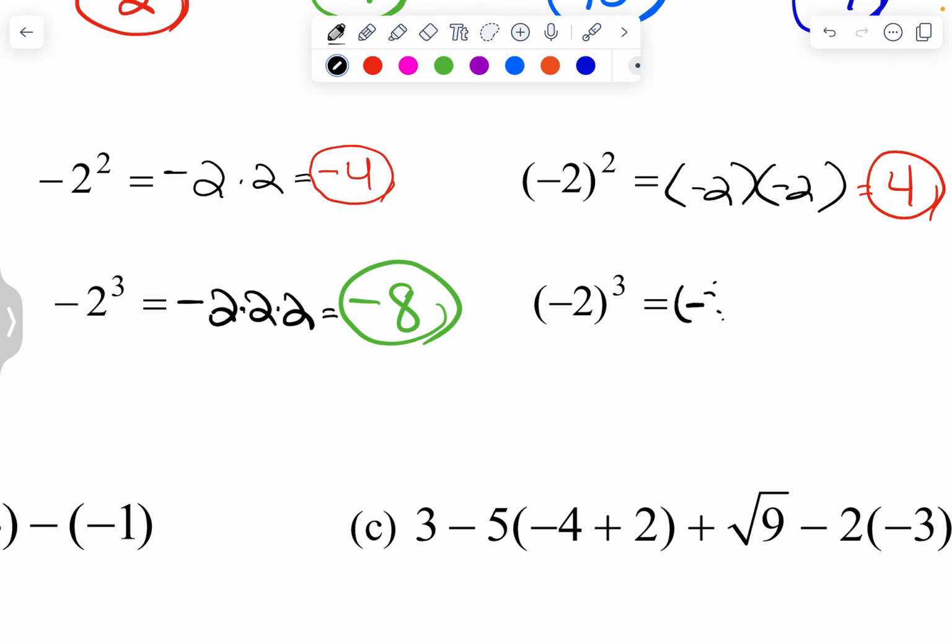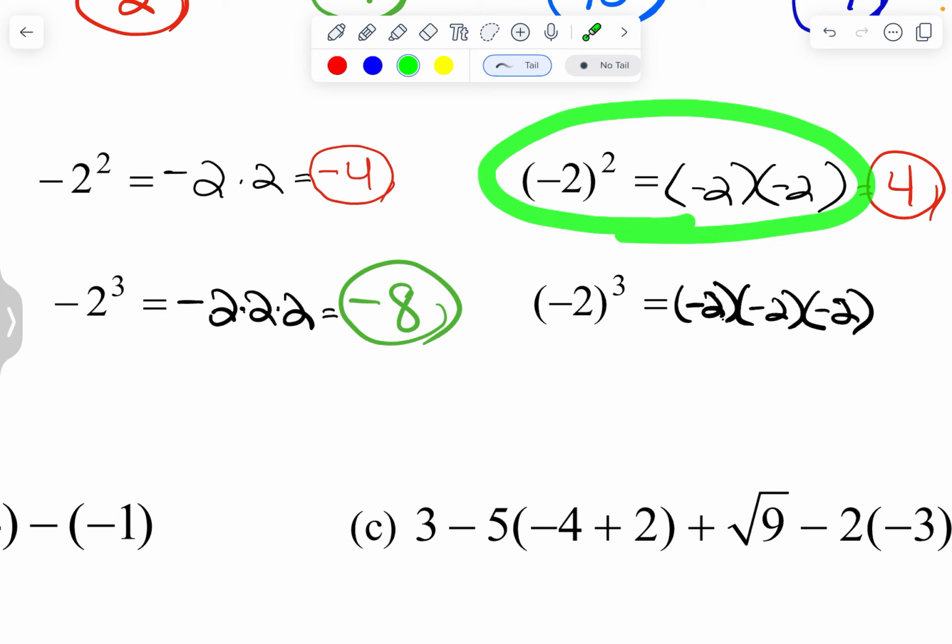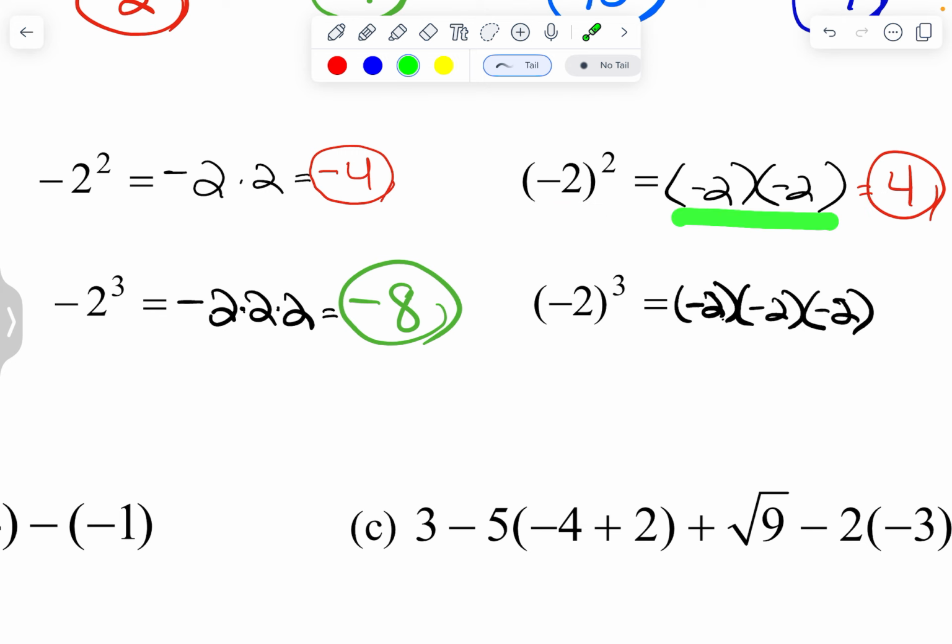Okay, so -2, -2, and my third -2. And this is where we got to be careful because not all problems are created equal. And so if you think about what we did in the last problem here, when we had 2 -2's multiplied together, we got a +4. So let's go ahead and repeat that. 2 -2's multiplied together, that's a +4.